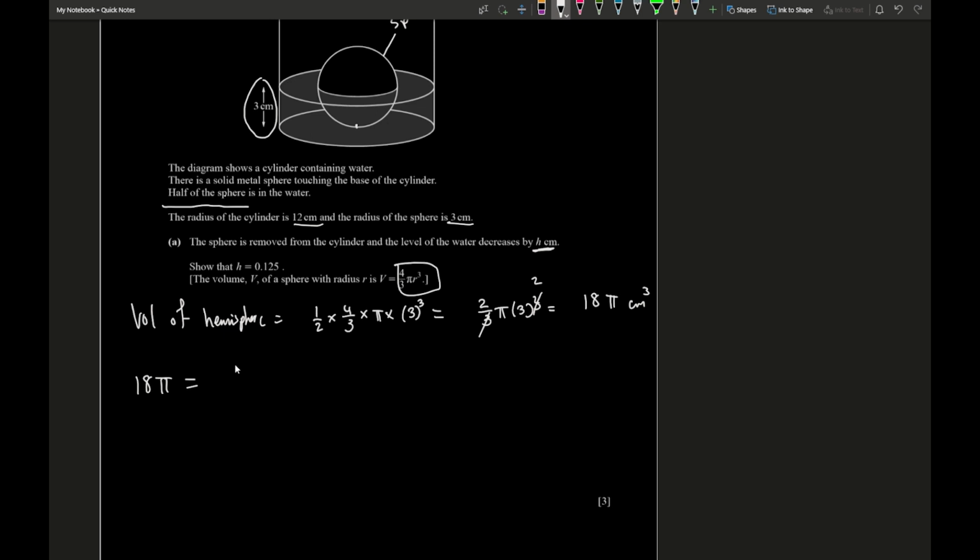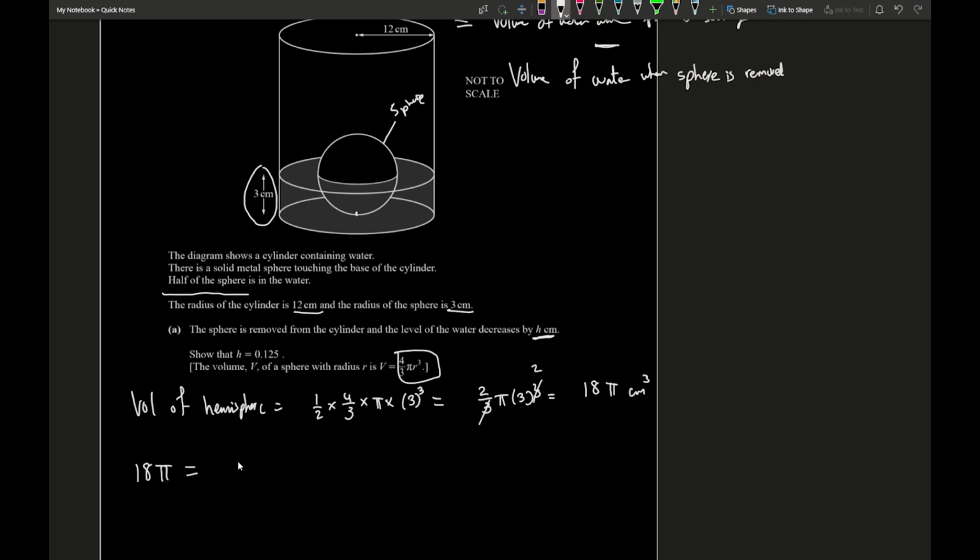So the volume of the water when the sphere is submerged is the area of the base, pi r squared, where r is the radius of the cylinder, 12 squared, times the height, which is 3, minus the volume of the water when the sphere is removed. As we said, the water level decreases by h centimeters, so the resultant height of the water will become 3 minus h. So we can still calculate the volume using the same concept, pi r squared, the area of the base, times the height.